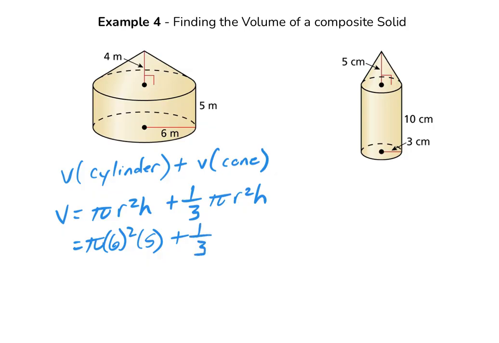Over here, the radius is still 6 because they have the same base, but the height of the cone on top is only 4. So they don't have the same height. When I look at the cone on top, the height of the cone is only 4. The height of the bottom is 5.